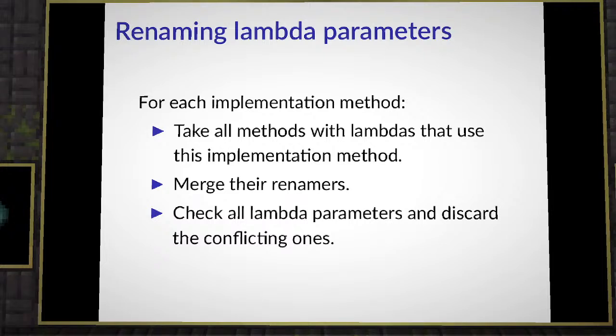Yeah, that's a little bit wrong on the slide. I looked that up, and actually conflicting lambda parameters get a p and are not discarded.